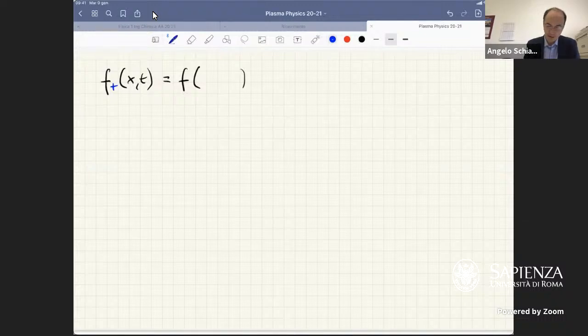We call it f plus. It's going to be the progressive direction, and it has this dependence, so this x minus vt. Okay, and it's called the progressive wave.